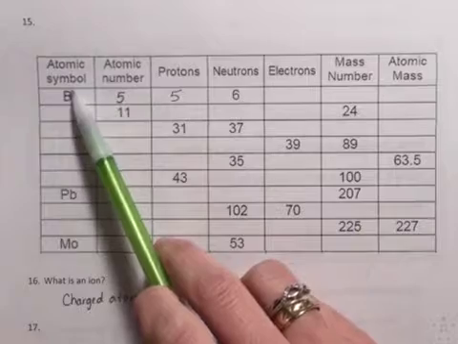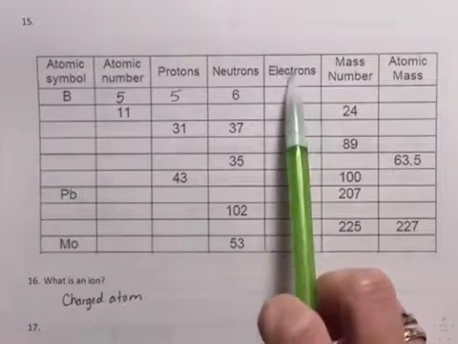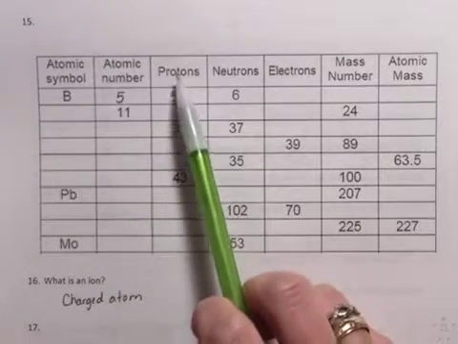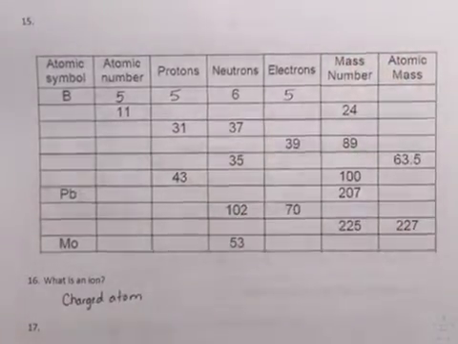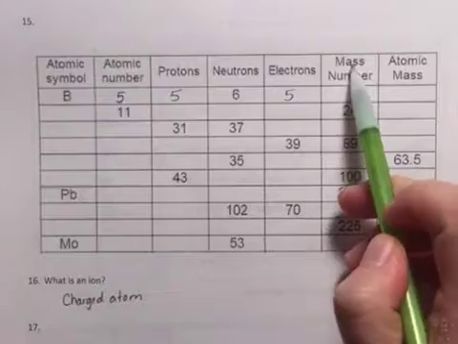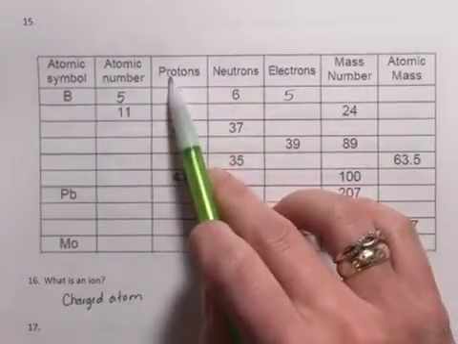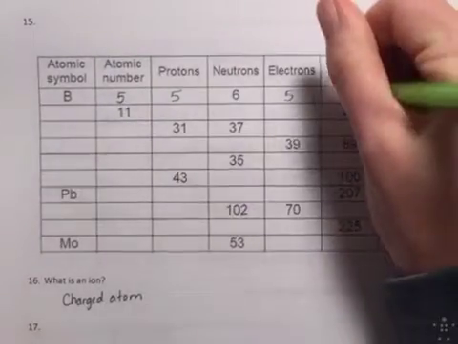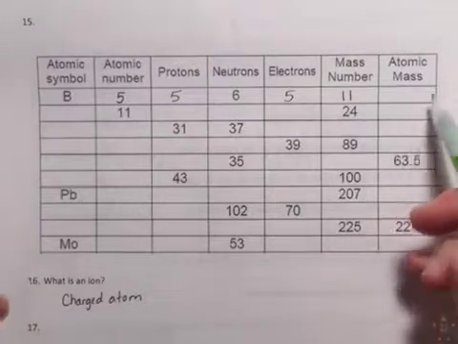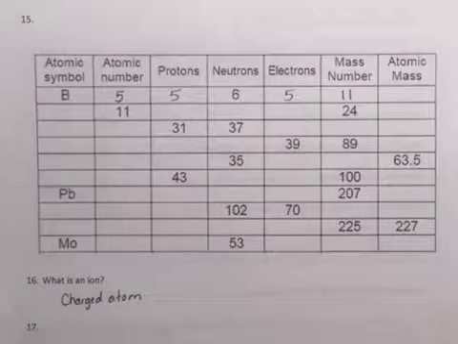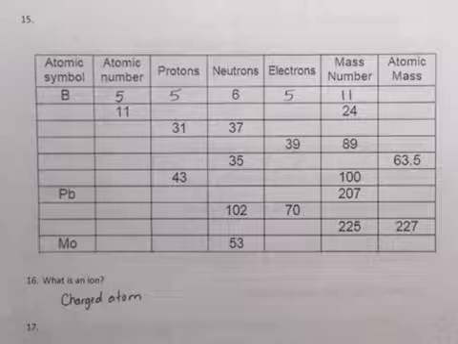It doesn't have a charge next to it, so I'm going to assume that this is a neutral atom. So if it's a neutral atom, protons and electrons are the same. So I can go ahead and fill that in as well. If I know that my mass number is protons plus neutrons, then all I had to do was add those two together. And then for atomic mass, that's not something that I calculate, that's something that has to come off of the periodic table.